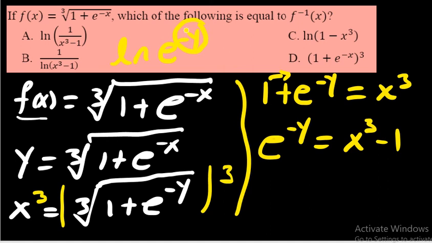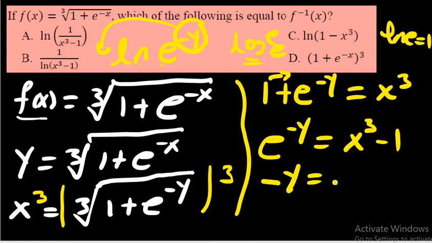So the negative y will come out as a coefficient, and ln e is 1, because ln e means the logarithm of e to the base e. So the base and the value are the same, which means the logarithm value is 1. So what remains here? Negative y remains. On the other side, ln of x cubed minus 1 remains. But it's negative, so we need to multiply both sides by negative.